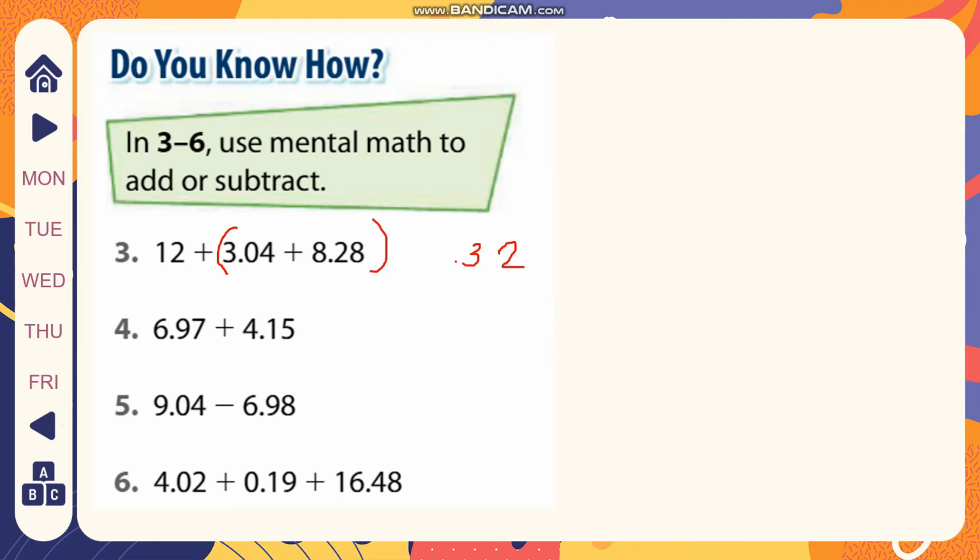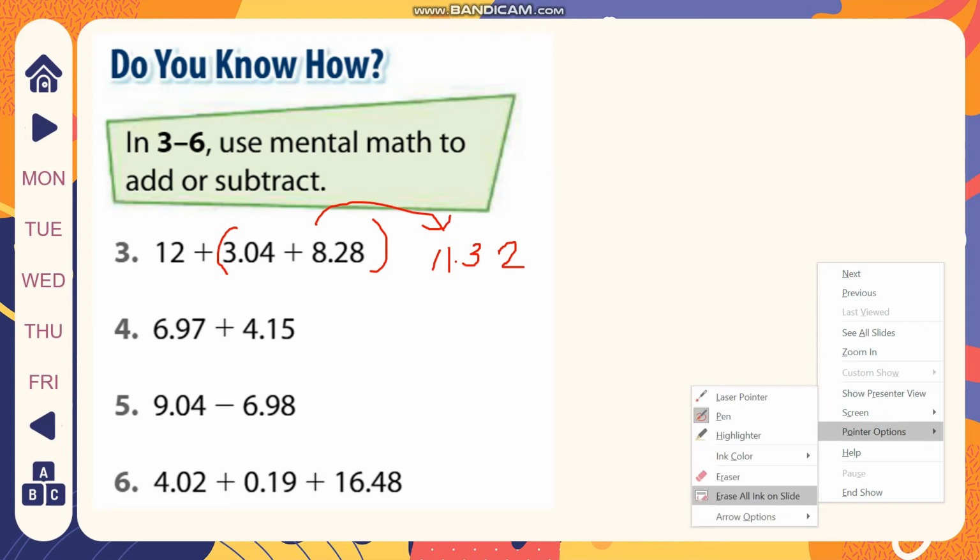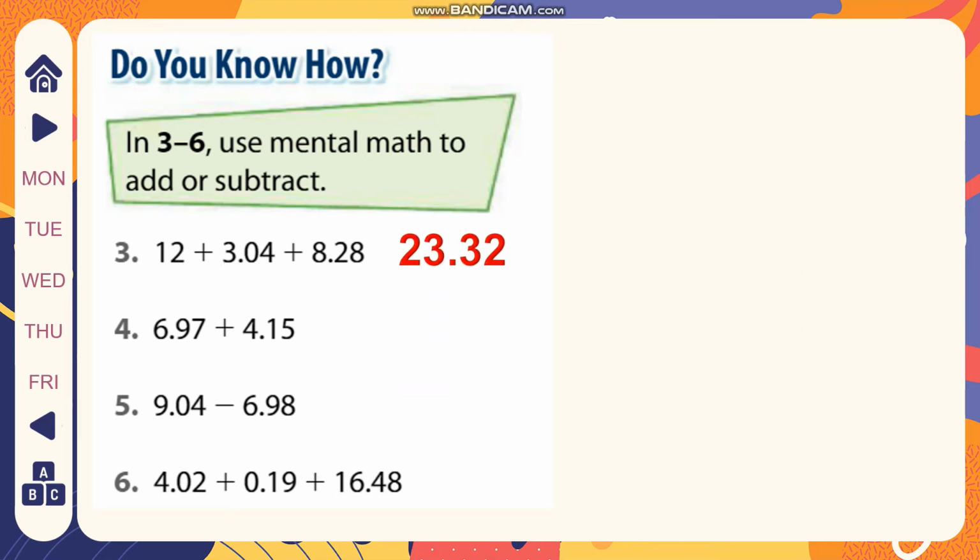Then 8 plus 3 is 11. So I have 11.32 for these two. Then plus 12, so 11 plus 12 is 23. Then I have 0.32, so the answer is 23.32.